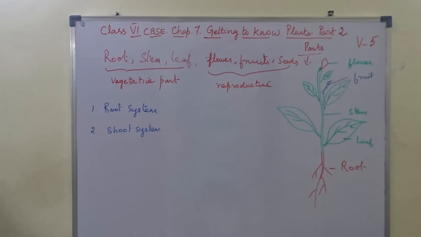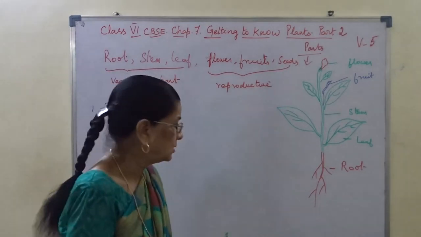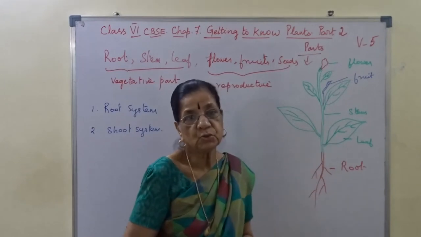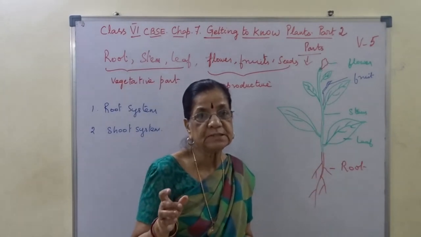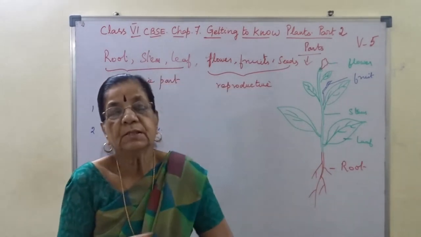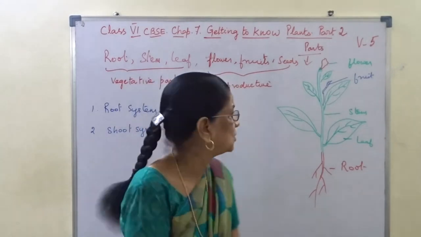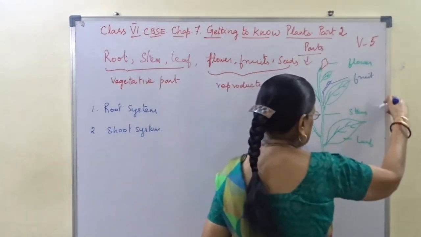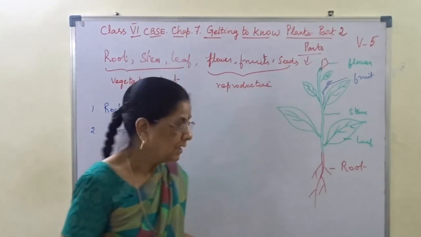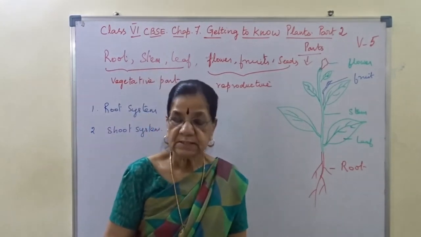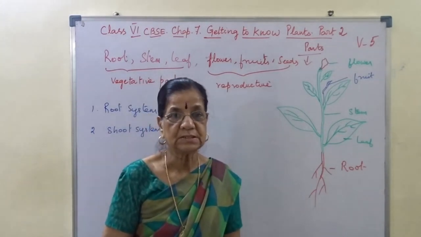The portion found above the soil level forms the shoot system, and the portion found below the soil is the root system.